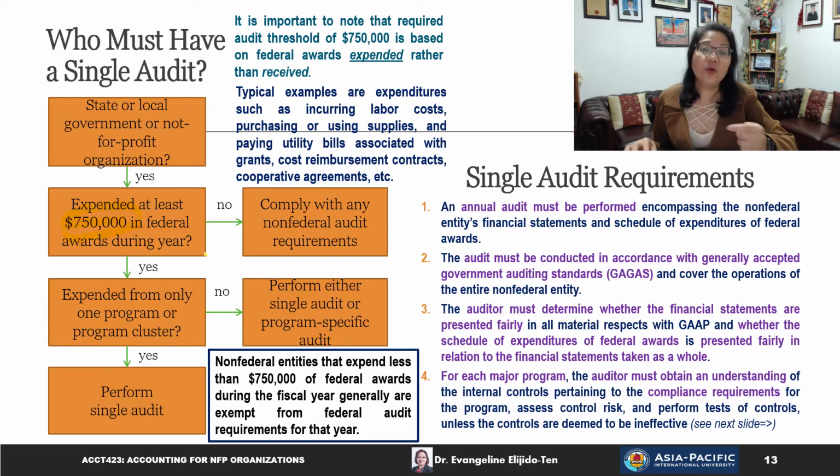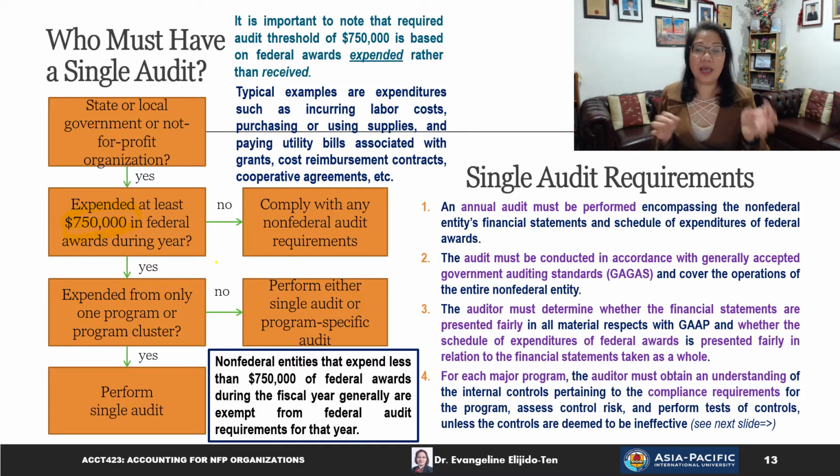And the fourth, for each major program, the auditor must obtain an understanding of the internal controls pertaining to the compliance requirements for the program, assess control risk, and perform tests of controls unless the controls are deemed to be ineffective.